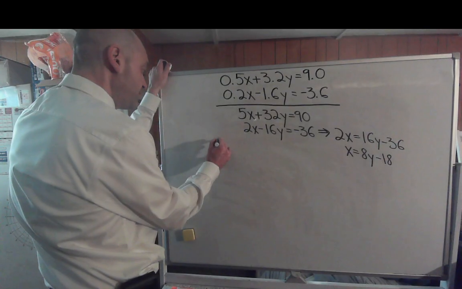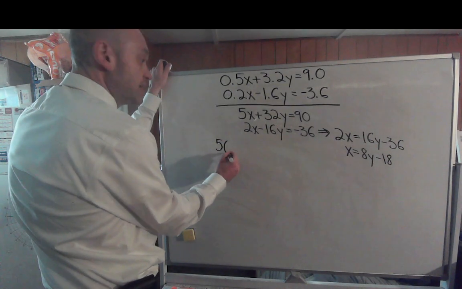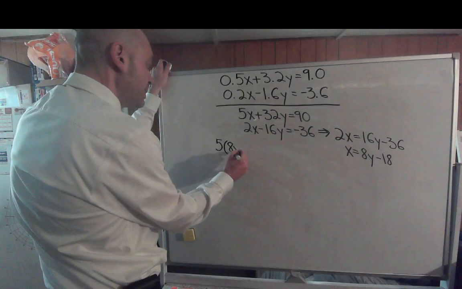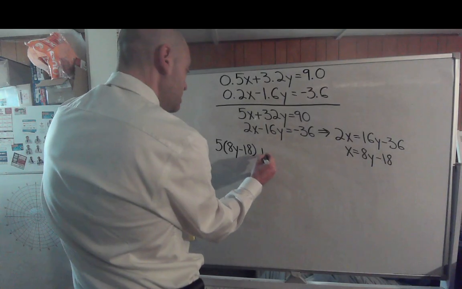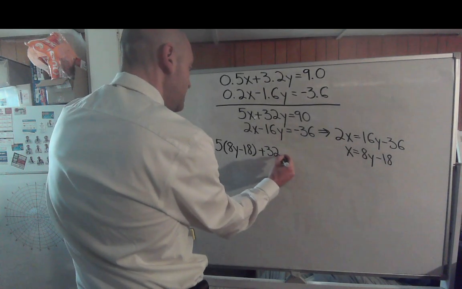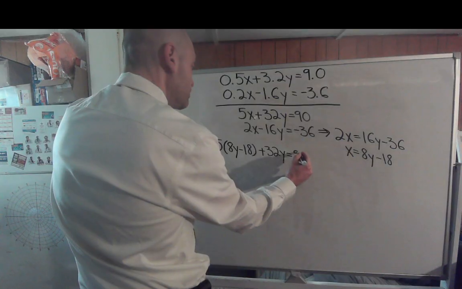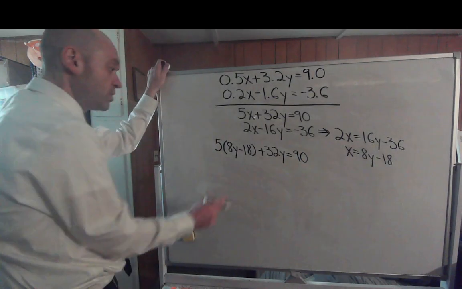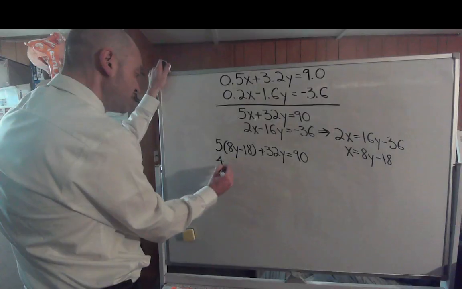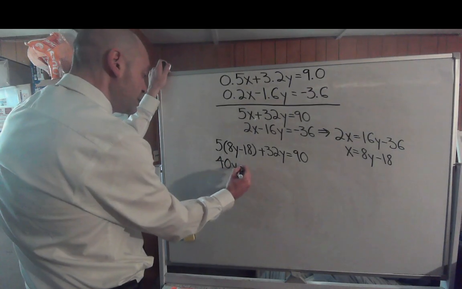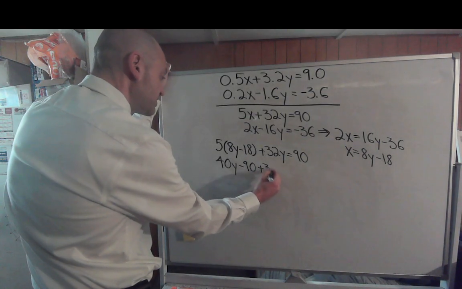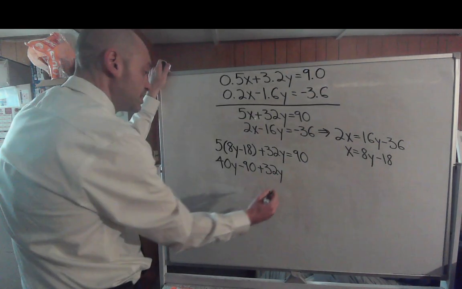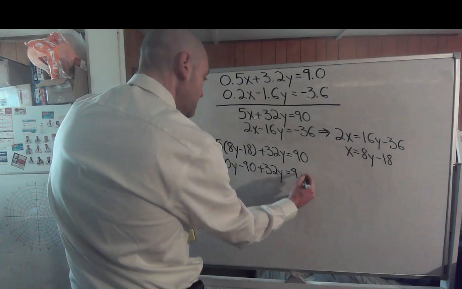So you'll take 5 times that 8y minus 18 plus 32y, set that equal to 90. So we're going to solve for y first. So this would end up giving you 40y minus 90 plus 32y is equal to 90.